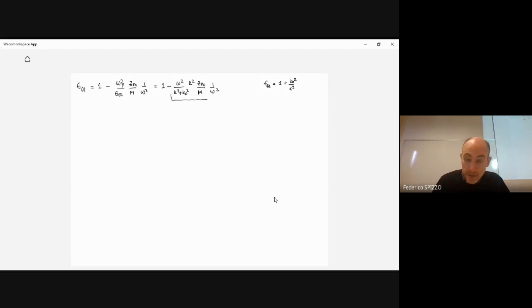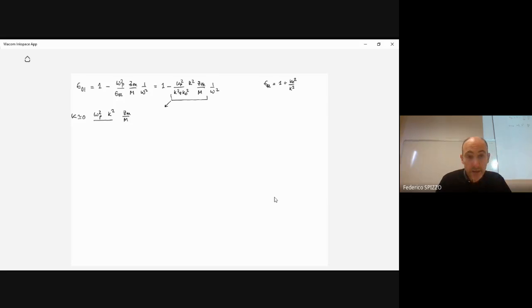Now, if you look at this expression, this is the square of the plasma frequency of the electrons. So if K is small, what happens to that expression? That expression becomes omega squared of plasma, K squared, Zm divided by the ionic mass.